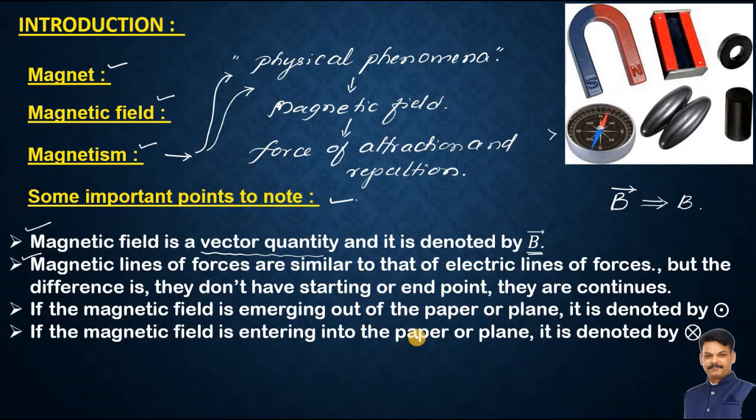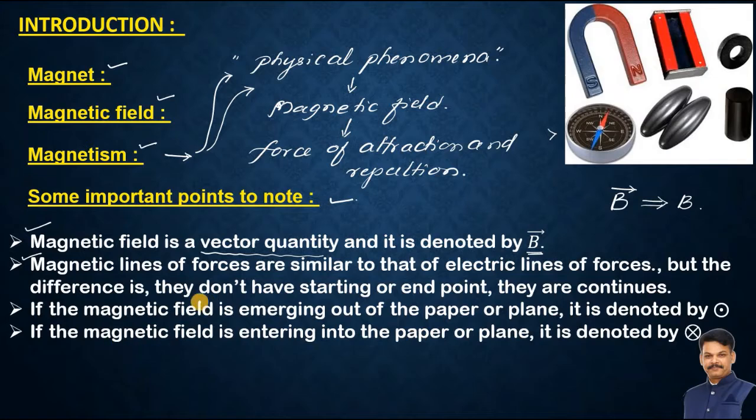As in electric fields, dear students, we know that the electric field is represented by electric field lines or electric lines of force. In the same way, in a magnetic field also, we find field lines, which are known as magnetic field lines or magnetic lines of force.